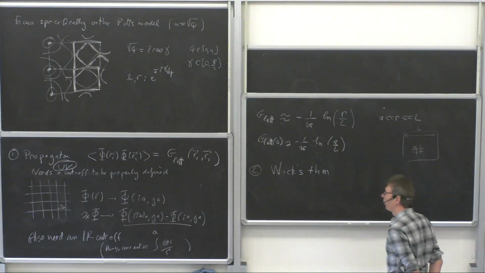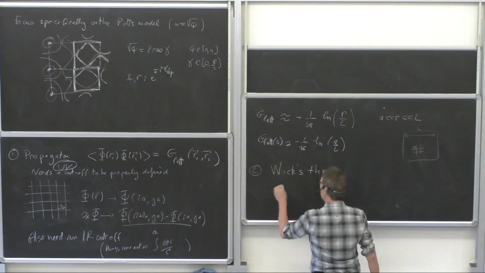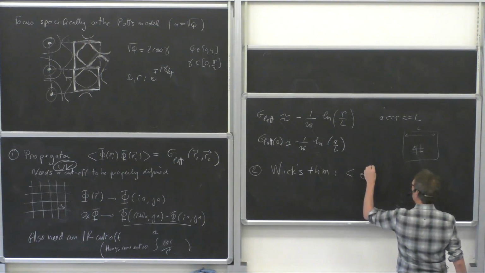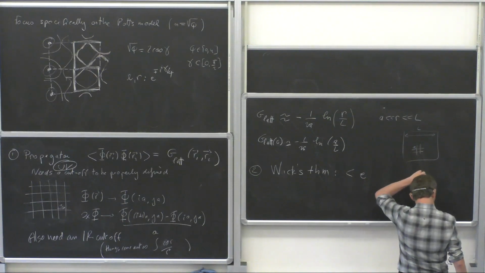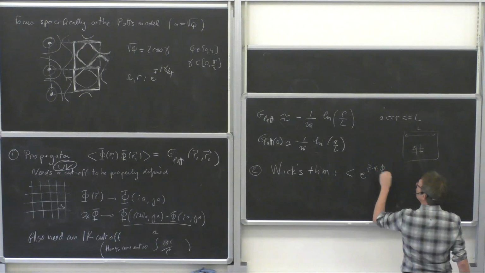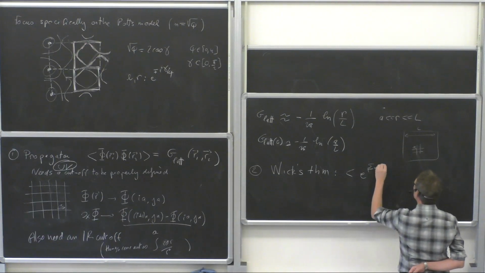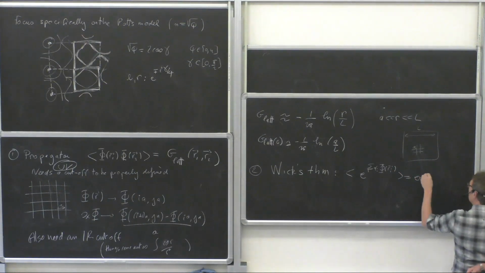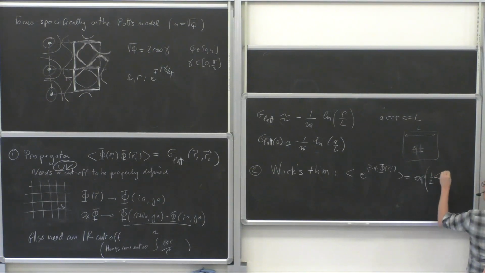All I'm going to use is the following: the average of e to the sum of alpha i phi of r i is equal to the exponential of 1/2 the average of the square of the sum of alpha i phi of r i.